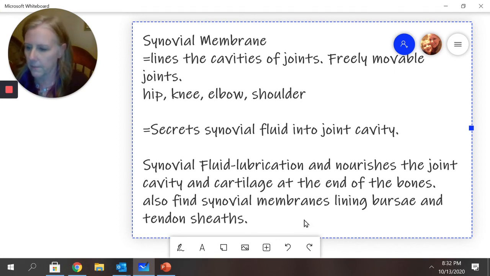Those are around joints. All right, so that is all four of those membranes. And like I said, the cutaneous membrane, the one we didn't talk about a whole lot, we will talk about when we jump into the integumentary system, which is next. We're going to be starting the integumentary system.